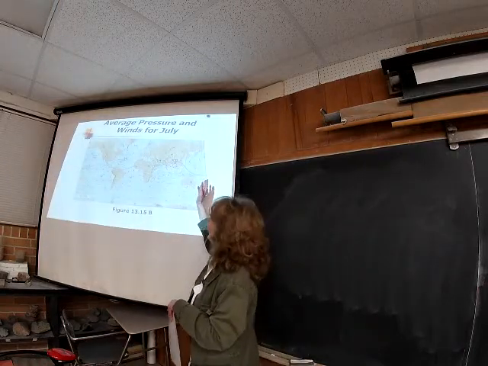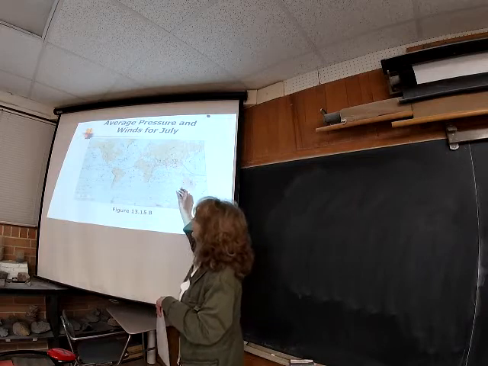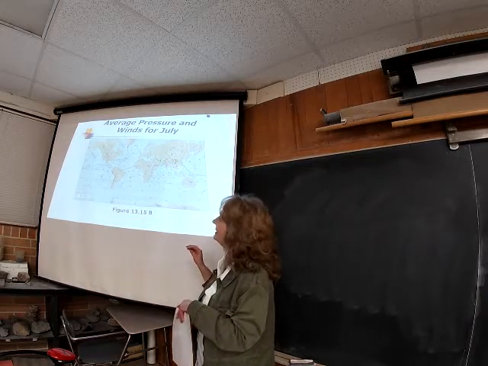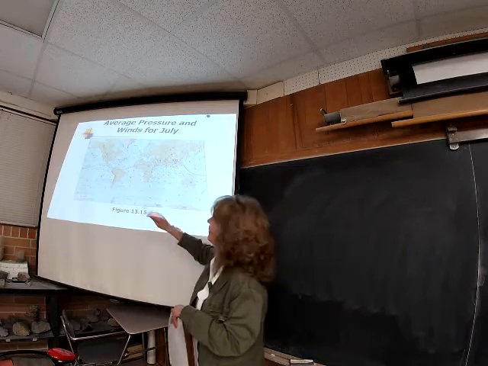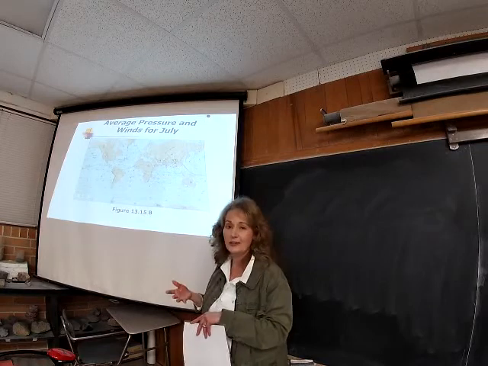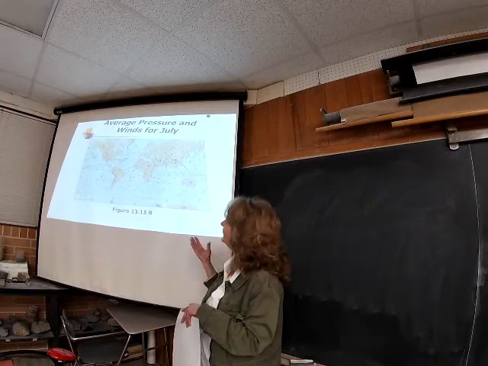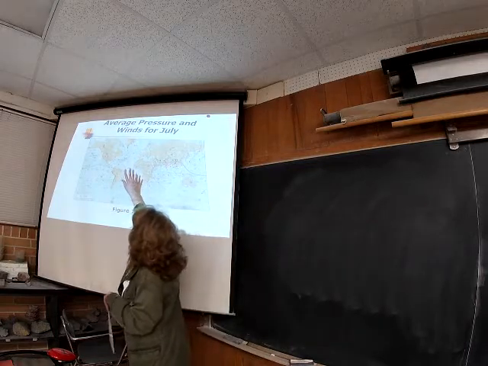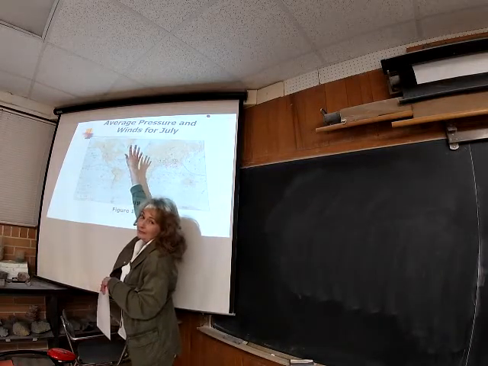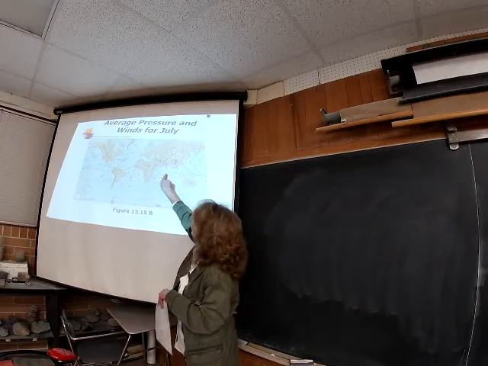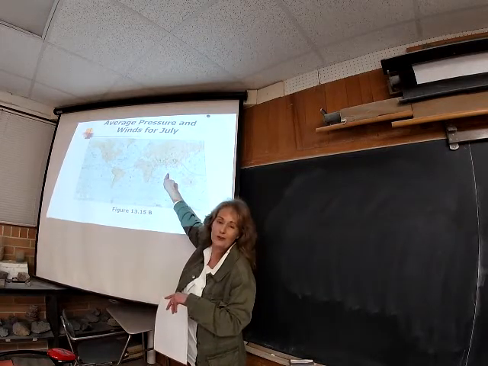So here's July now. For July, if you remember, we're starting to get heating of the land in the northern hemisphere, the Tropic of Cancer, where you're getting your highest sun angles. So notice how those highs have moved up a ways. And now look at your wind direction over Asia there.